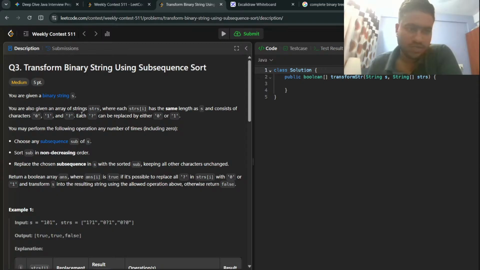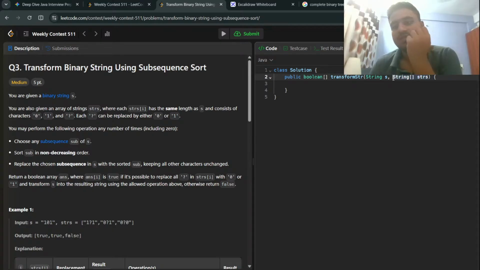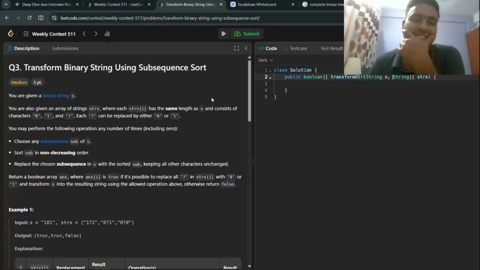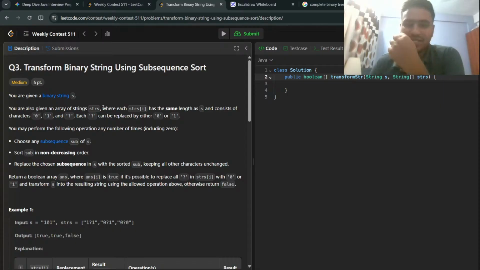So you are given a binary string S. You are also given an array of strings strs, where each string has the same length as S and consists of characters 0 and 1.